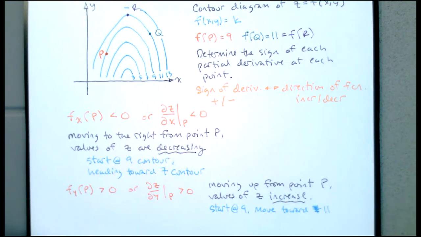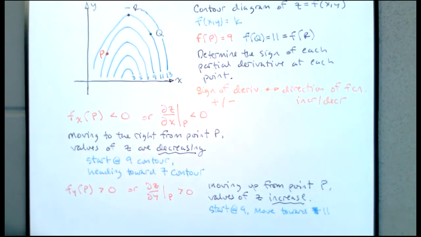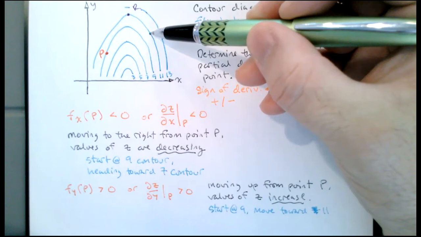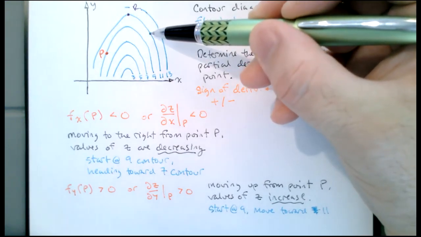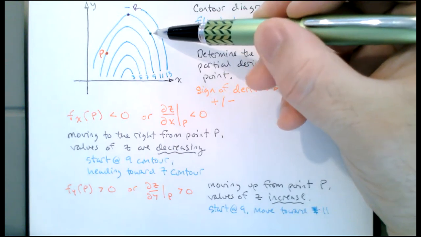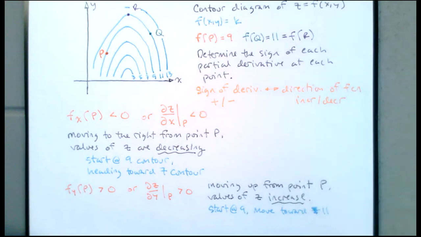So if that one is at a 13, if we look at the partial derivatives at point Q, Q is starting off at the 11 contour, and if we move to the right in the positive x direction, then the values of z are increasing. So it looks like fx evaluated at Q should be positive.